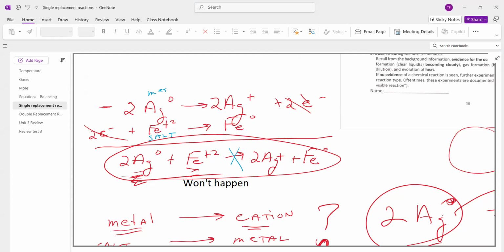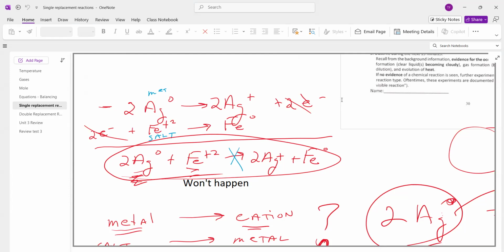This is how they make steel in a blast furnace, moving electrons around. Okay, so when we add this up, the electrons cancel, so we end up with 2 silver metals plus 1 iron cation, a plus 2, yields 2 silver ions and an iron metal.